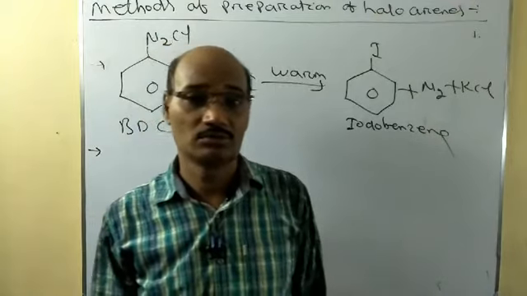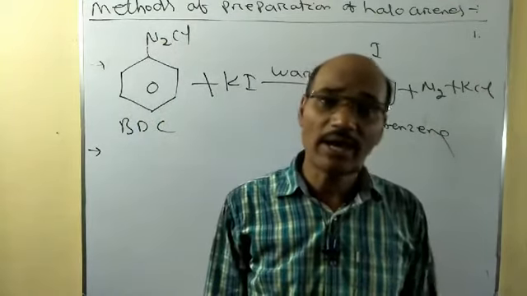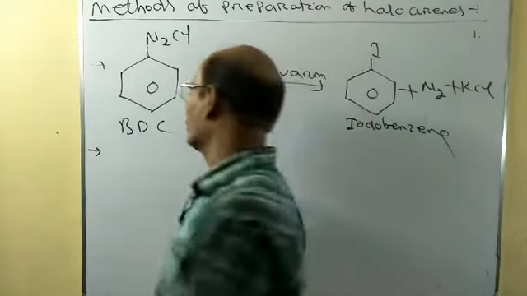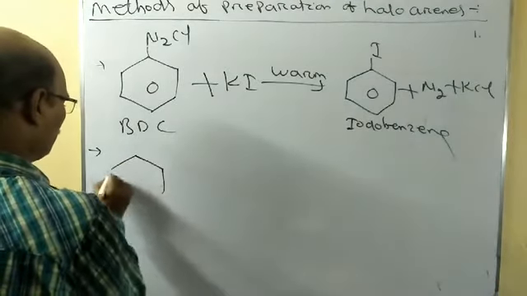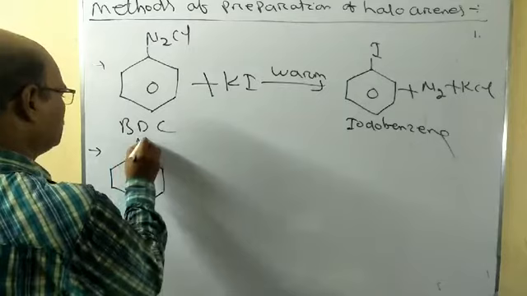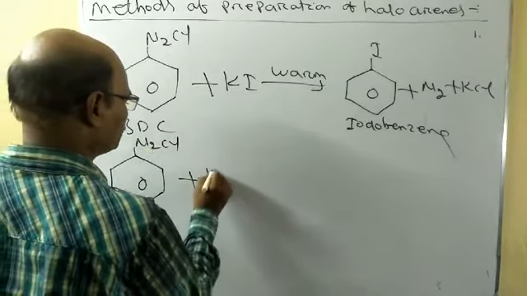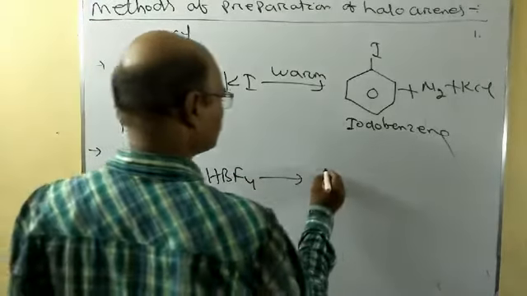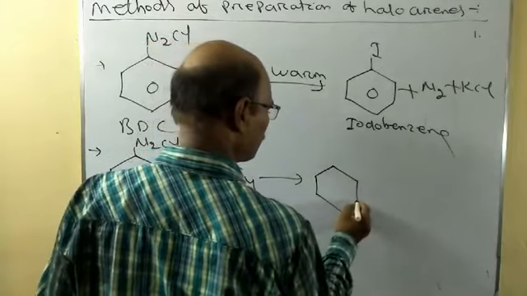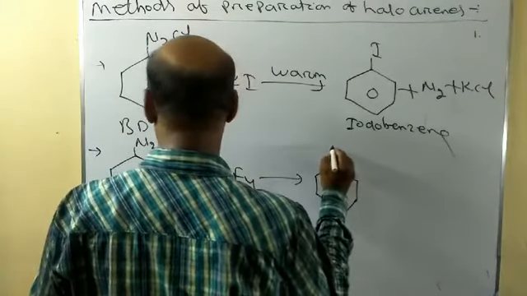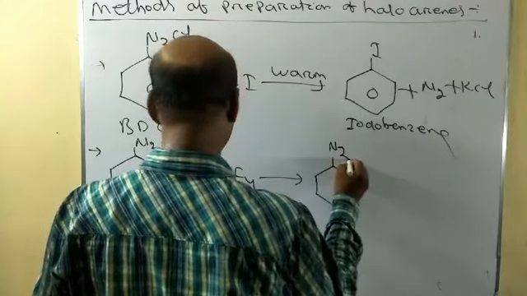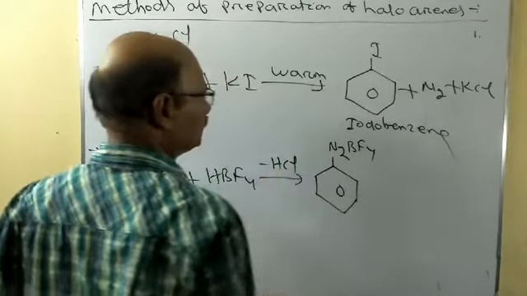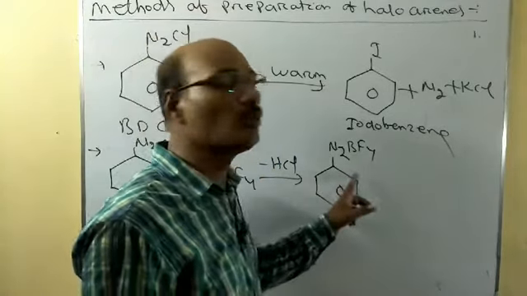Similarly, we can get fluorobenzene from BDC. First of all, the benzene diazonium chloride is treated with hydrogen fluoroborate, HBF4. We get N2BF4, called benzene diazonium fluoroborate.